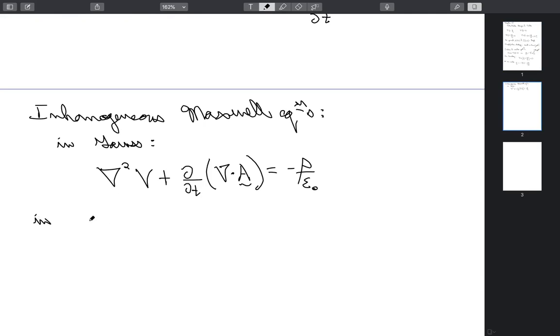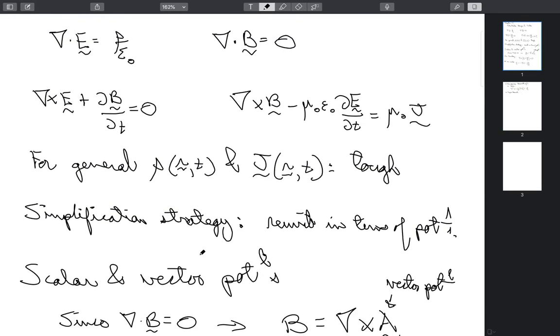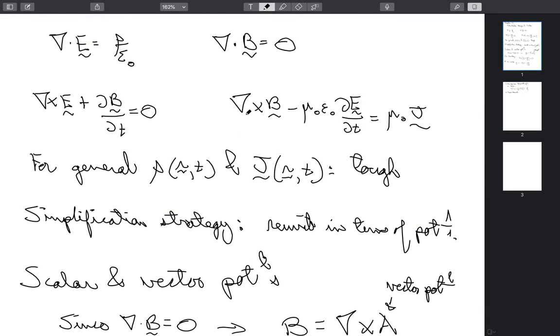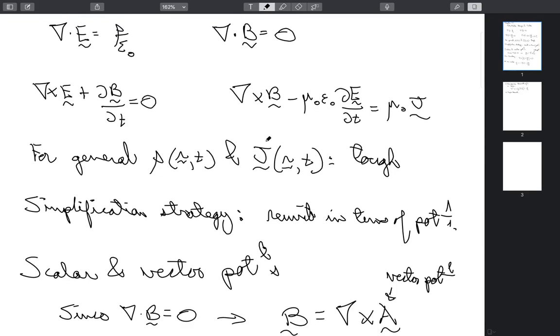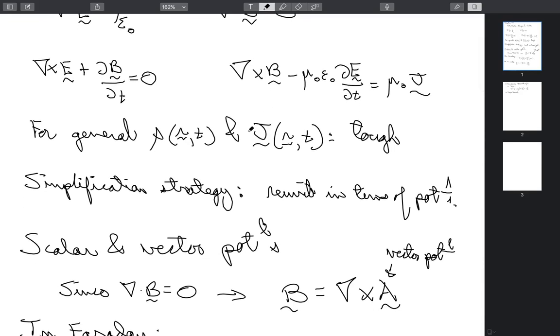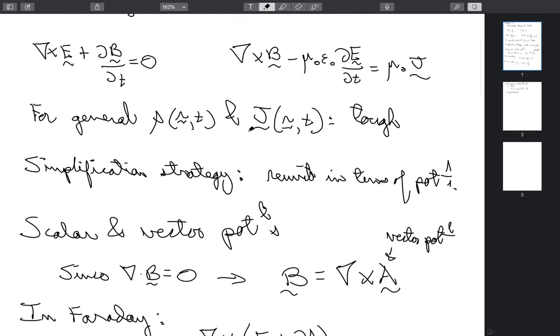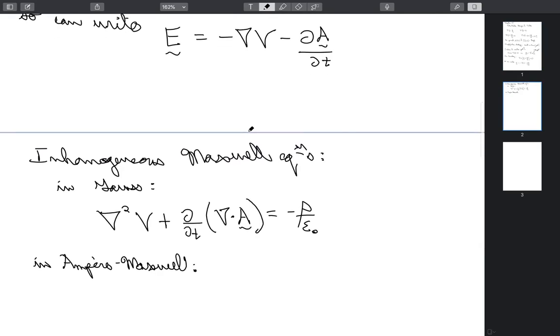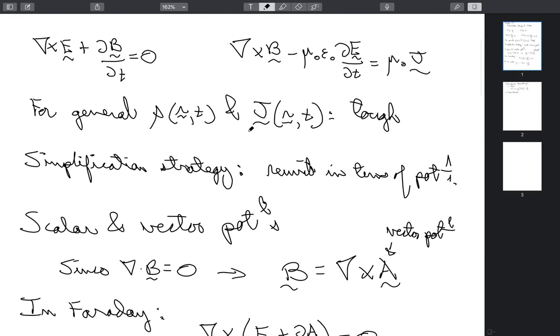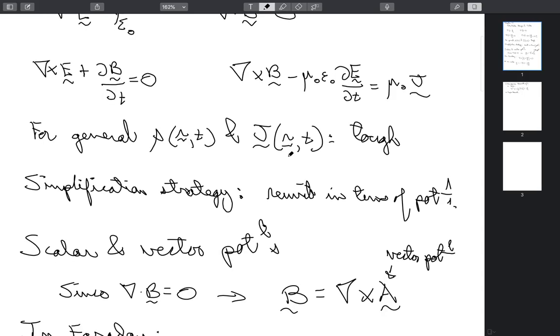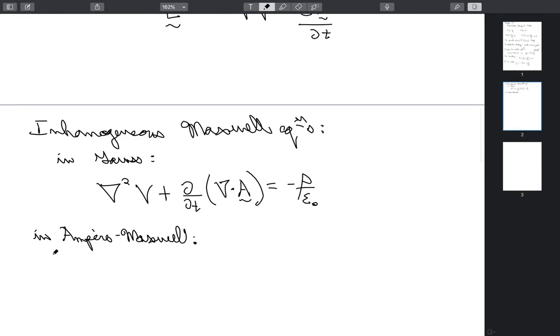So if we do that in Ampere-Maxwell, the other inhomogeneous equation that we have, then I just want to look at the curl of all of this. So I want to do the following thing.